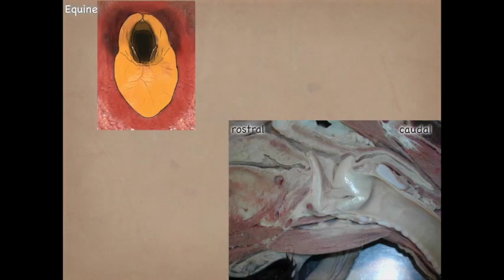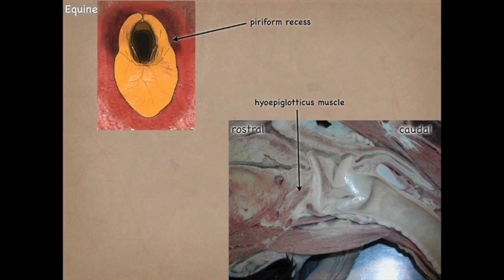Okay, here now we're looking at the equine. The piriform recess is that region around the larynx in the laryngeal pharynx. Here we see the hyoepiglotticus muscle, which acts to depress the epiglottis. It's attaching to the basihyoid bone right there. Now I've highlighted the epiglottic cartilage.